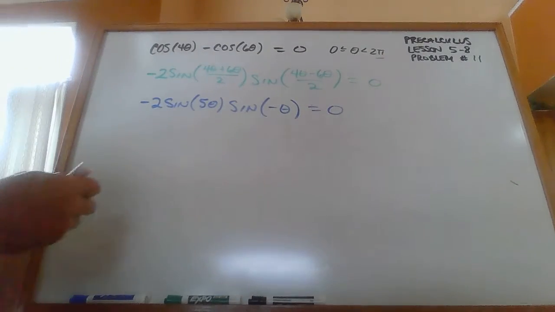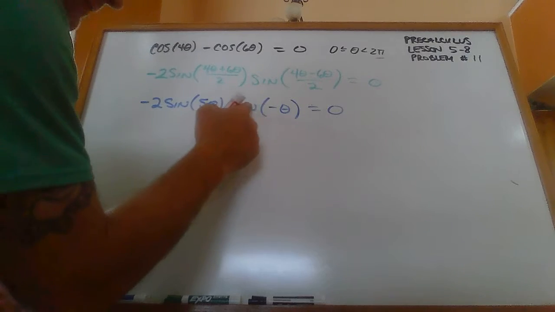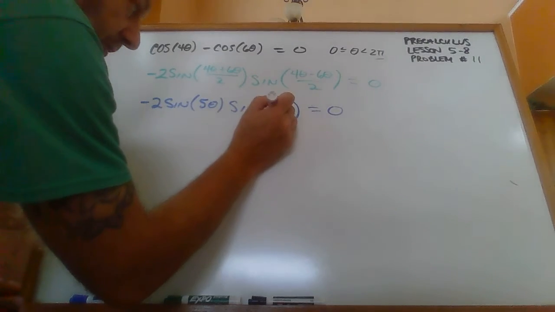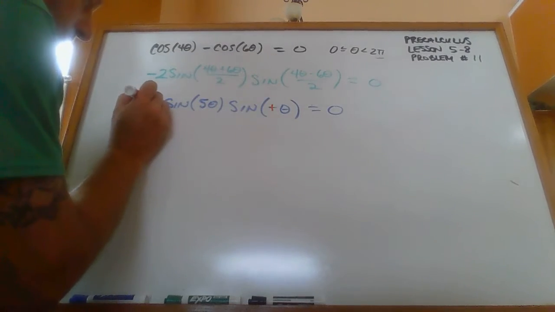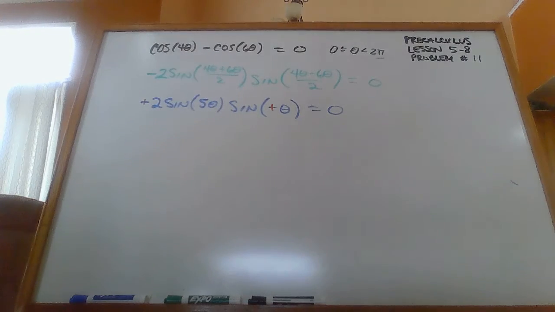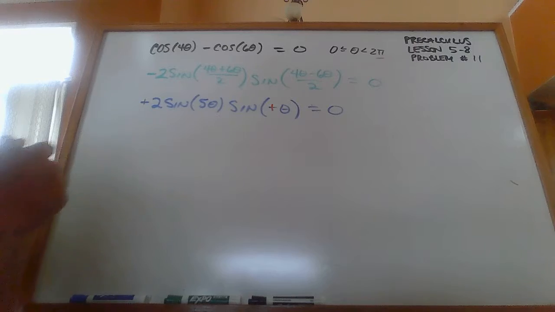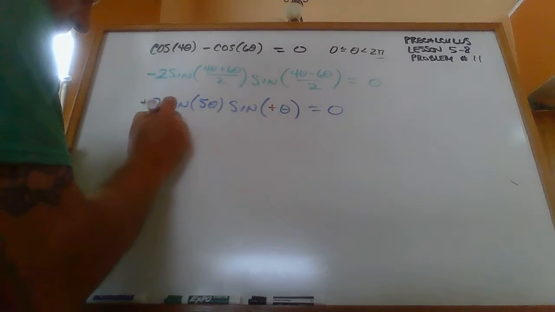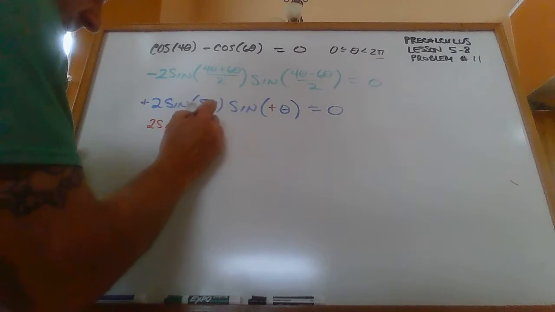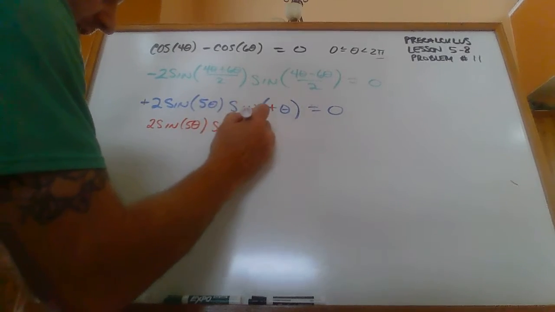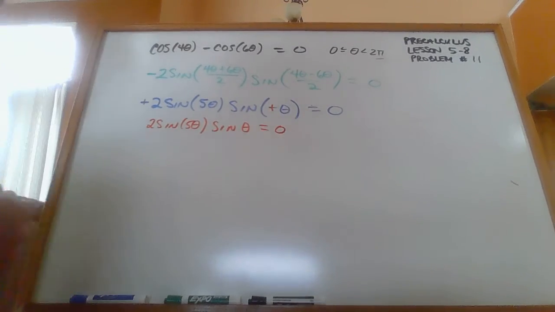Now, remember when I have a sine of a negative angle, I can pull that negative out, and I'm going to move it clear out to the front. It's going to cancel that negative right there. So now I've just got 2 sine 5 theta sine theta equals 0.